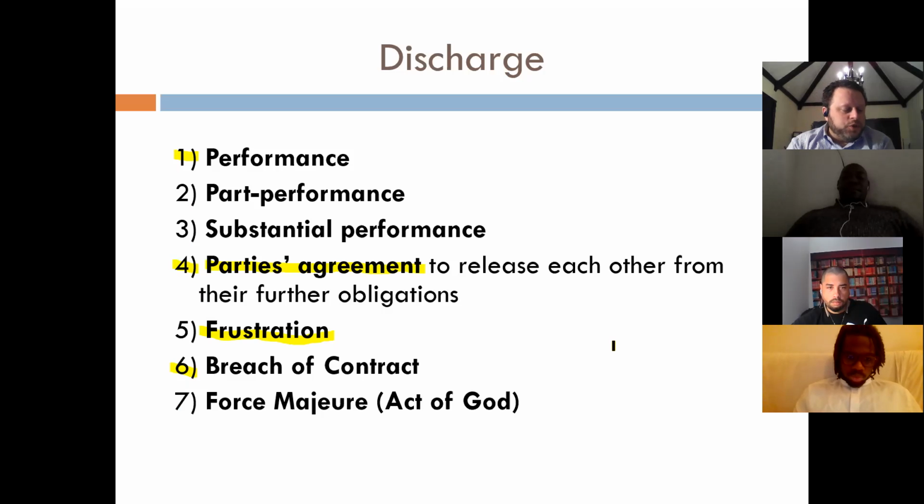So the difference between substantial and part performance is that part performance is quantifiable. It's about numbers. And substantial performance is not quantifiable. It's not about numbers. So what do I mean? Well, let's say I have this contract with Jordan to buy 1,000 cases of beer.